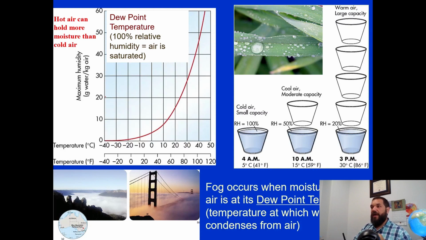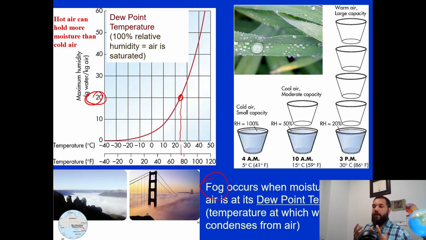So let's say that we have a specific humidity of 20 grams per kg, okay? The dew point is given by this graph. The dew point of that parcel of air with that given humidity is going to be, looks like, 25 degrees Celsius, okay? Which would be about 75 degrees Fahrenheit, okay?